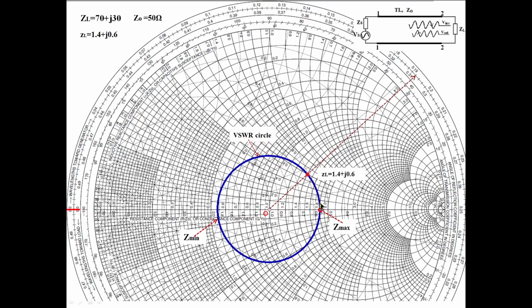You moved from here to here. To reach this point, you draw a line again like this to the wavelength scale and see what the reading is. That is 0.25. So from 0.192 we moved some distance up to 0.25.